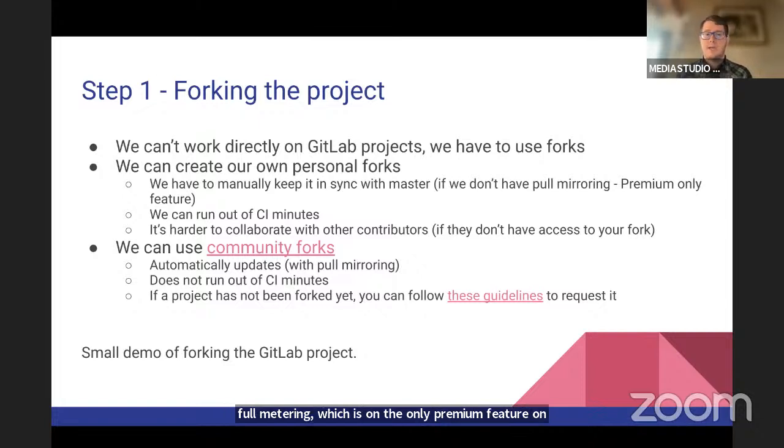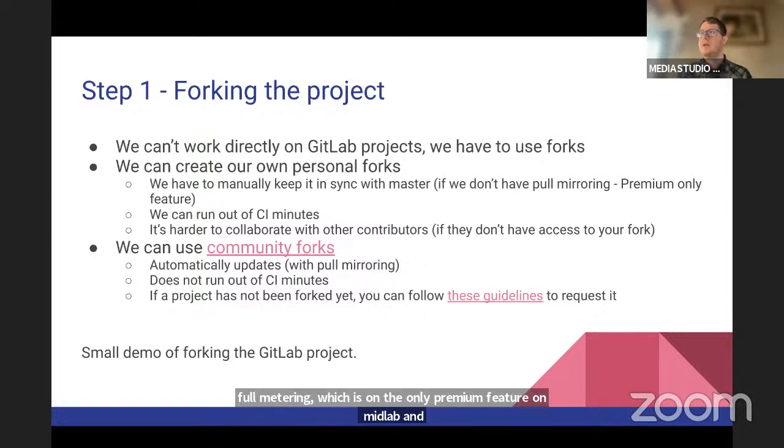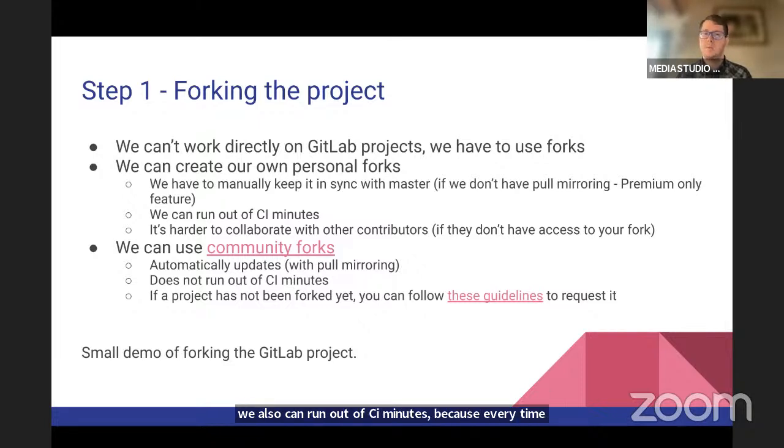And we also can run out of CI minutes, because every time that we push some changes to an MR, a pipeline starts, and that's using CI minutes from our GitLab, for the time that we have available on our account to run pipelines on GitLab as a software as a service.